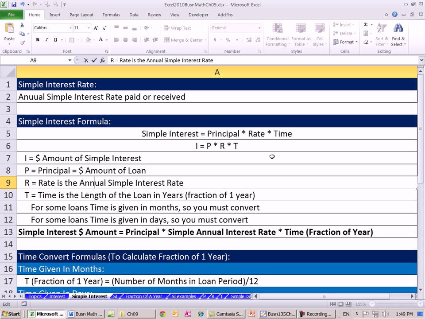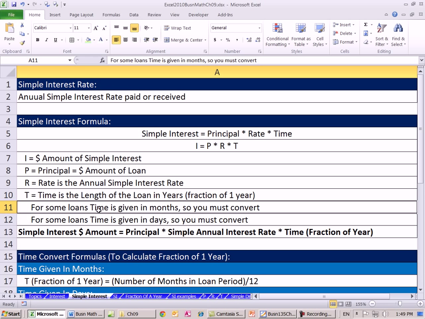So that's how the formula works. Time is always going to be given in years. Now, we'll be given sometimes the loan term in months and sometimes in days. Next video, we'll talk about all the details about how to convert months and days to fraction of a year.